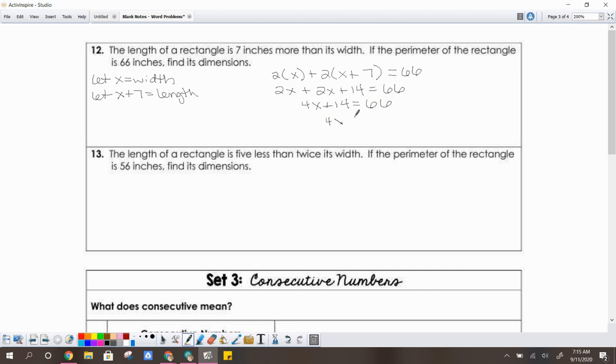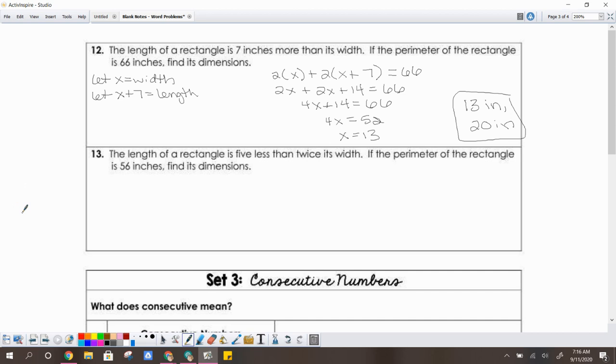Subtract 14 from both sides to get 52, and then divide by 4 to get 13. Okay, so that is your width, and then your length, you would do 13 plus 7 to get 20. So your measurements would be 13 inches and 20 inches.